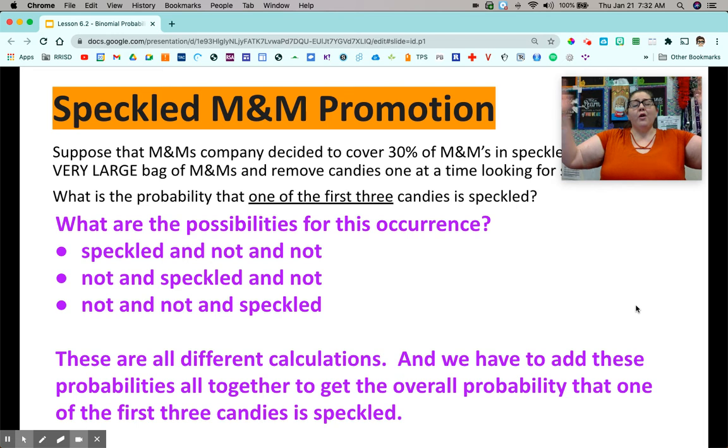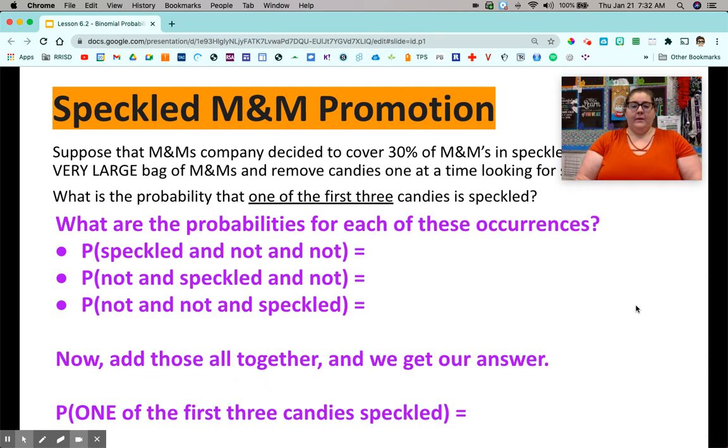So to get the overall probability that 1 of 3 is speckled, we have to account for all of those occurrences. We have to add those probabilities together to get that overall probability. So let's do that. What are the probabilities for each of those occurrences? The probability of a speckled one first and then not and not would be 0.3, because 0.3 is speckled, times 0.7 for not speckled, times 0.7 again, which is 0.147.